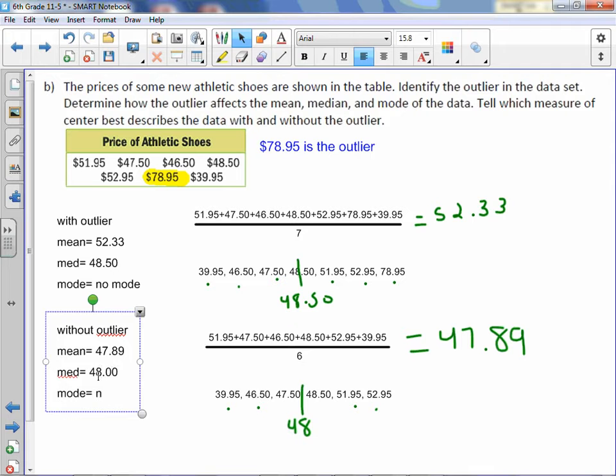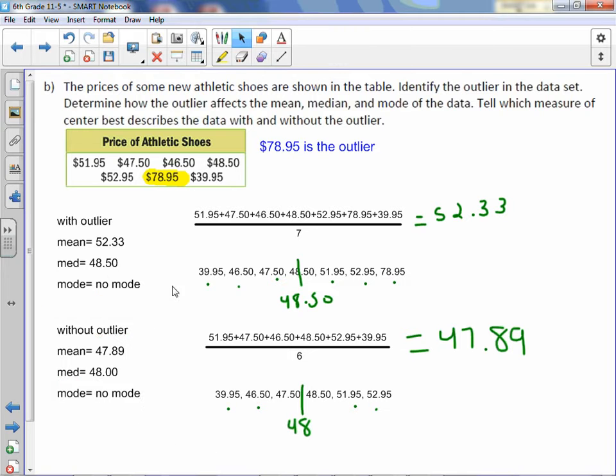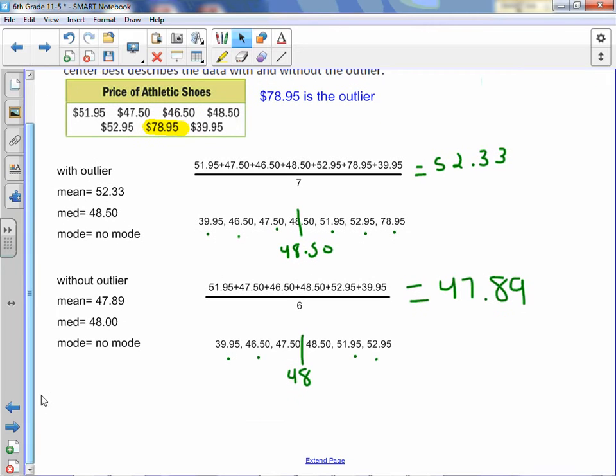And again, there's still no mode in this data, nothing repeats, so that remains the same. Now, which measure of center would best describe the data with or without the outlier? Well, since there's no mode, we can't use mode, and mean is affected too greatly, therefore we would use the median. So let's jot down some information.